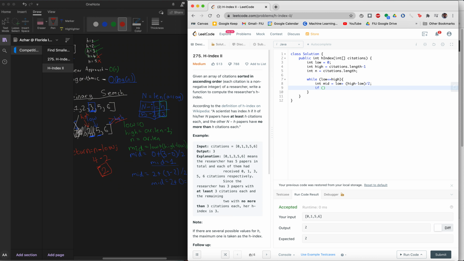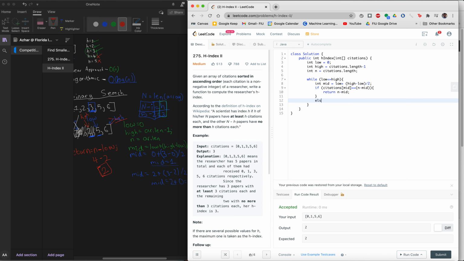Like for instance, our H index and our index is equal, the thing at the specific point is equal. So if citations at mid is equivalent to n minus mid, then return mid, or n minus mid, more so.